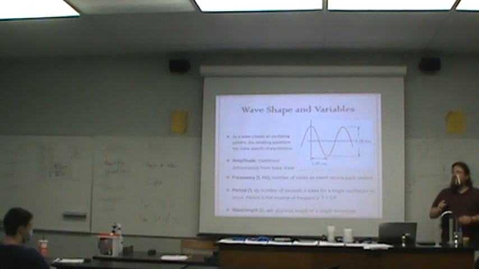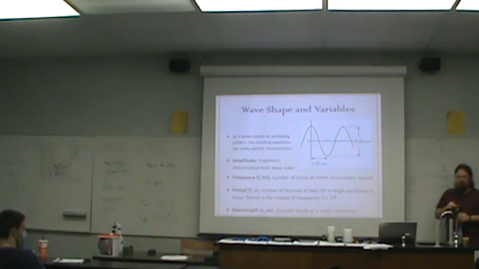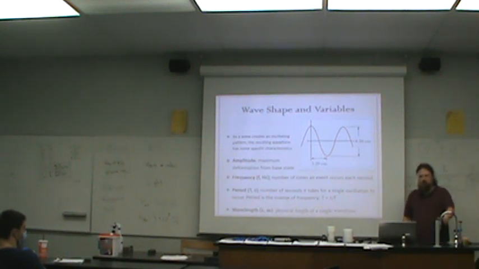Now the two from this that I want you to focus on and remember the most are wavelength and frequency, because they best define the specifics of what color you are seeing or what sound you are hearing.